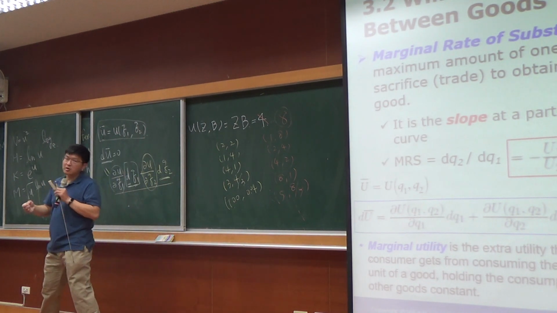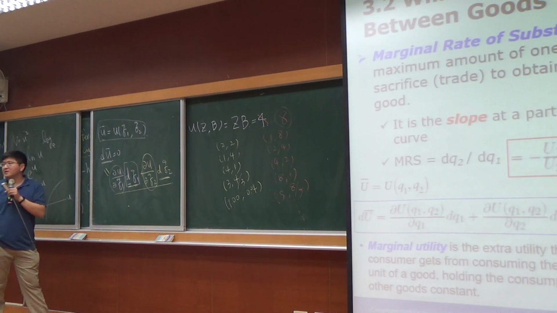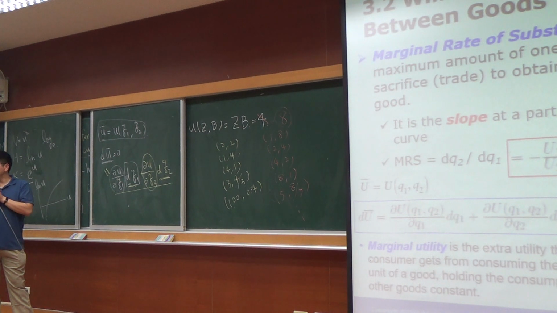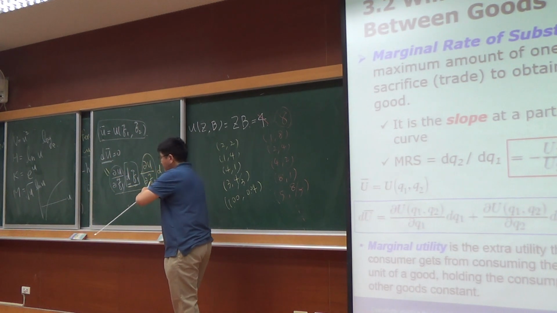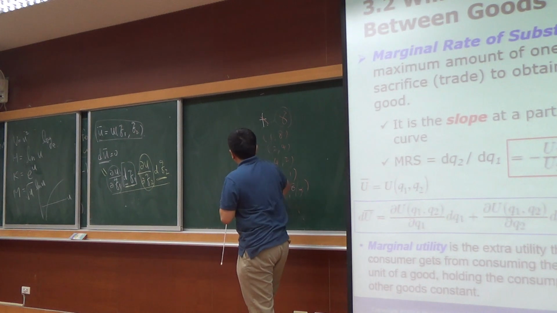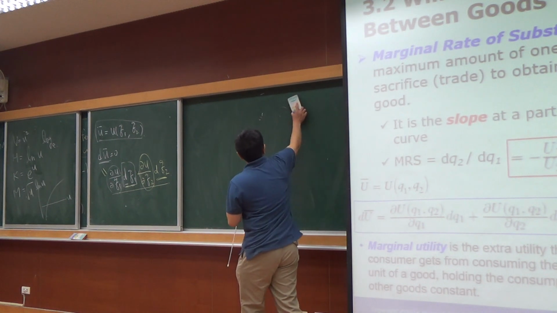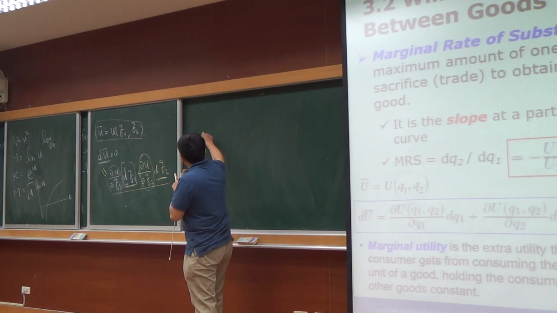So we just take total differentiation of both sides and we make them equal. Okay? And the idea here is very important, okay?